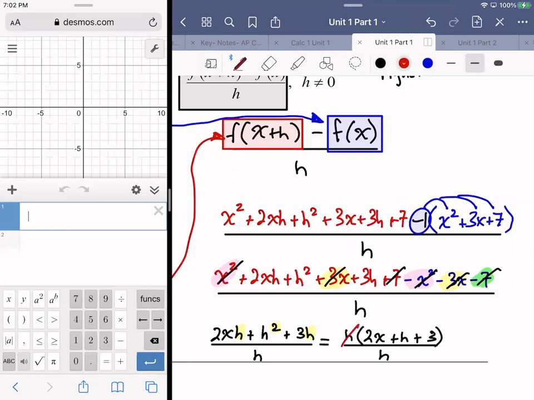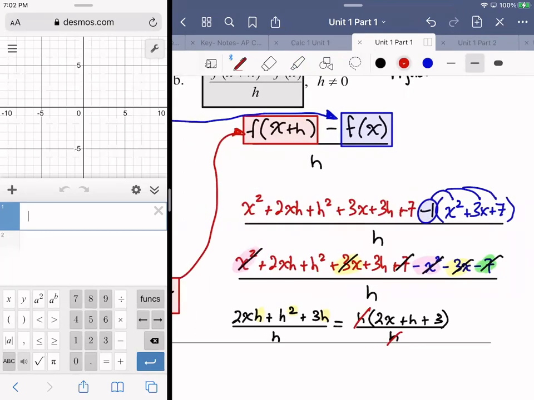Cancel the common h, and we have it: 2x plus h plus 3. And so that would be our final answer. It takes a while to get there, but it does clean up pretty nicely. Exactamundo, 2x plus h plus 3.